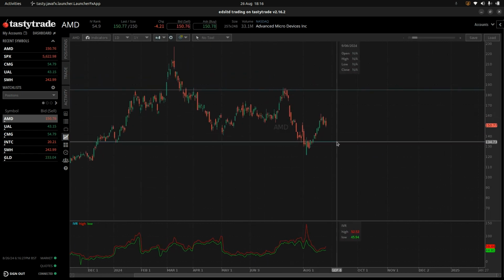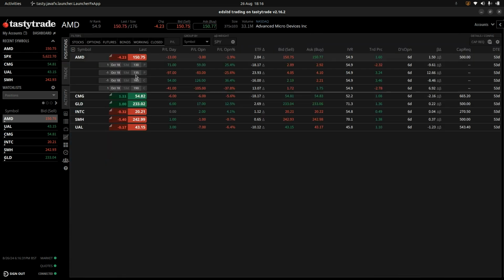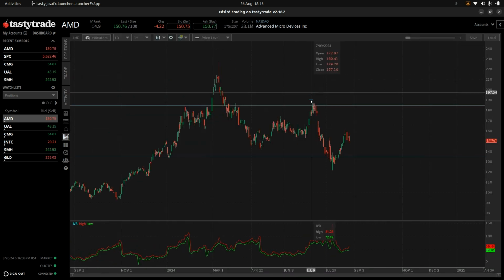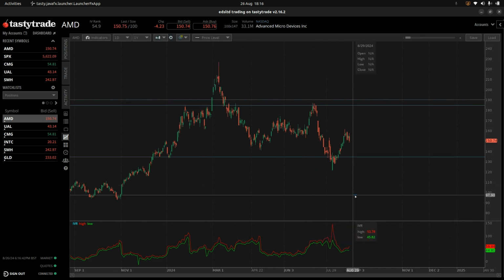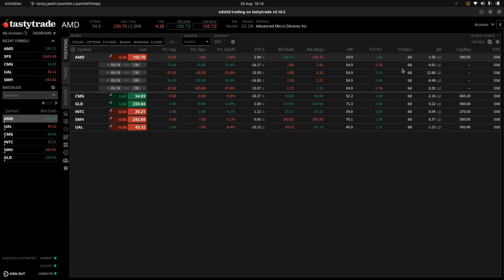This is our short put here, and this is our short call above, and then obviously we can also put the longs on as well at 130 and 190. That's not mandatory, but it can help us to visualize. 130 is there. Cool. So this is our range, and the position's been open for 6 days currently.